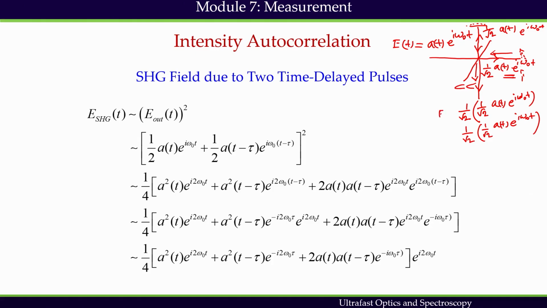This is the pulse 1, E1, and this is E2, and the total field coming out of the interferometer is going to be E1 plus E2.